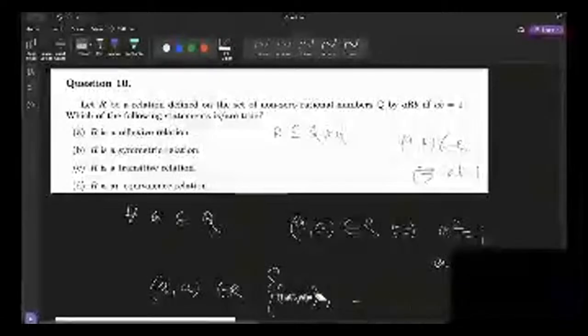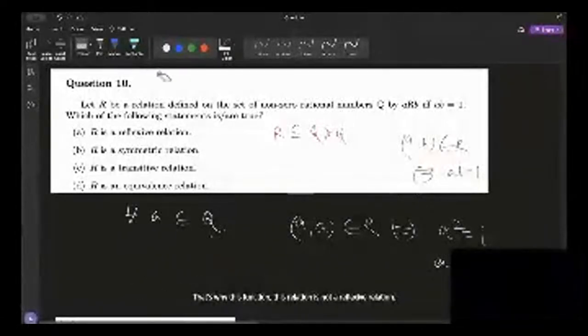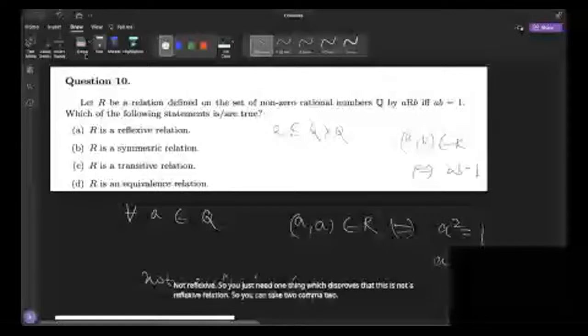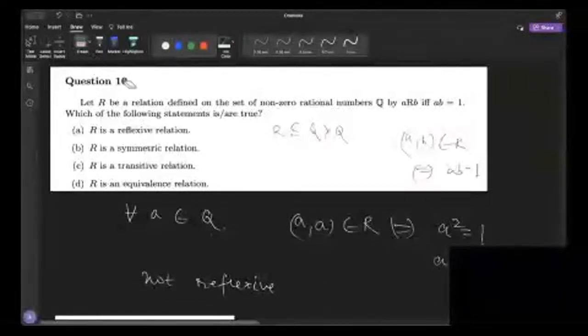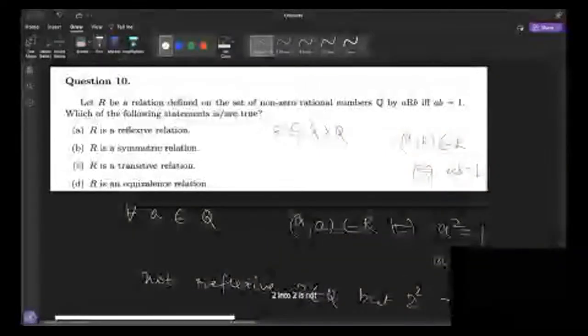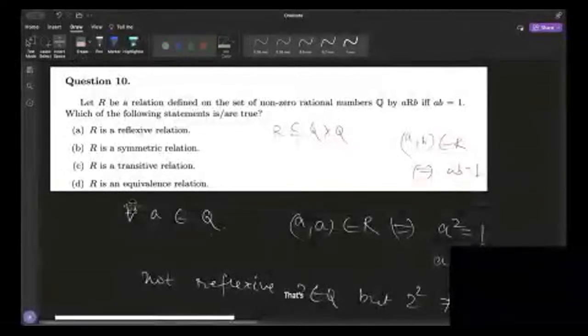That's why this relation is not a reflexive relation. You just need one thing which disproves it. So take (2, 2). 2 belongs to the set of rational numbers, but 2 times 2, 2 squared, is not equal to 1. That's why it's not reflexive.